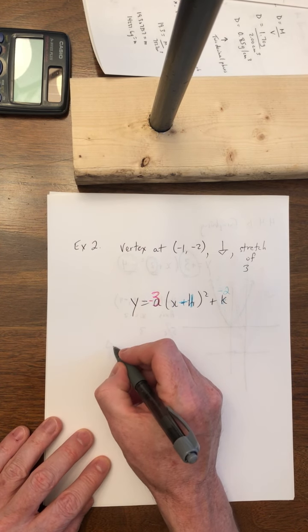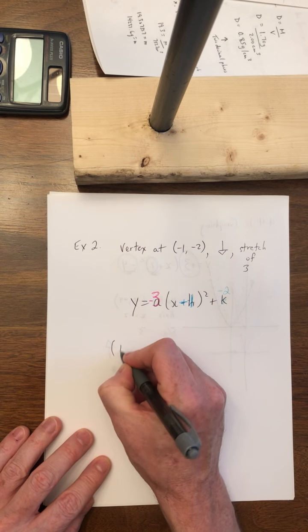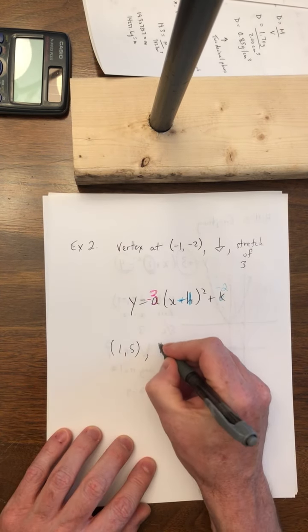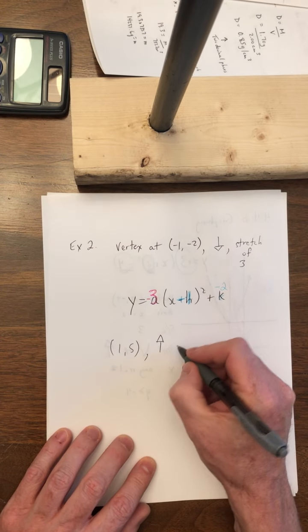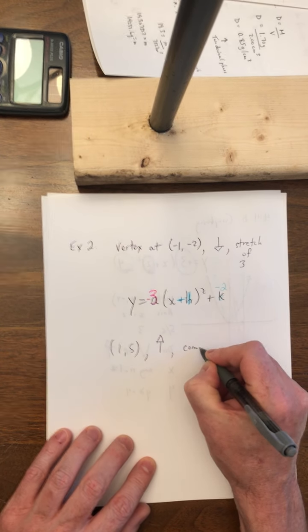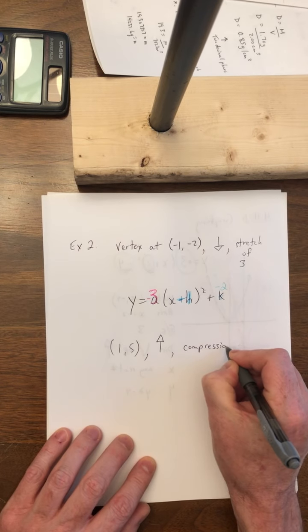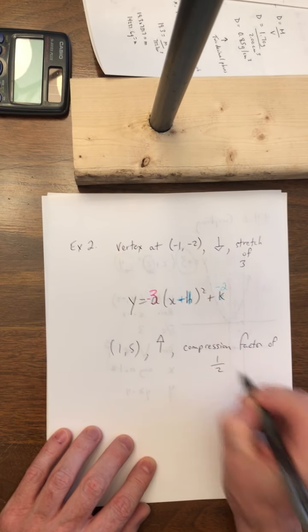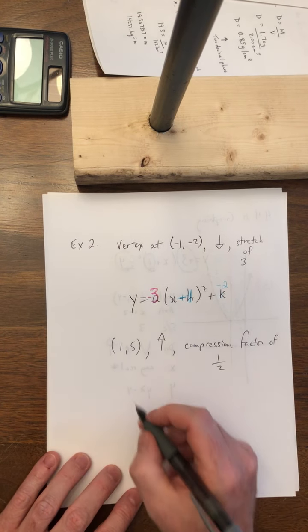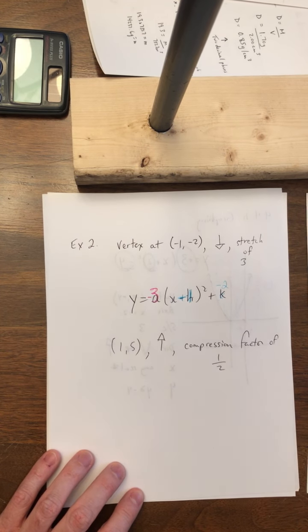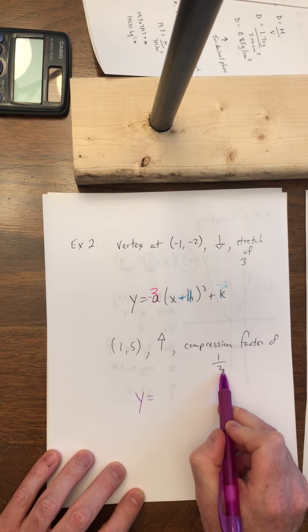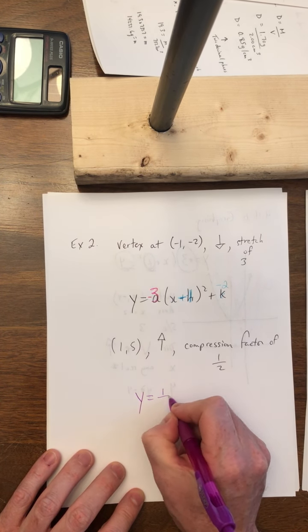So a second example here, let's say it has a vertex at 1, 5. Let's say it's opening upwards, and it has a compression factor of 1/2. So in this case, let's switch colors here, y is equal to a compression factor of 1/2, so that's our a.